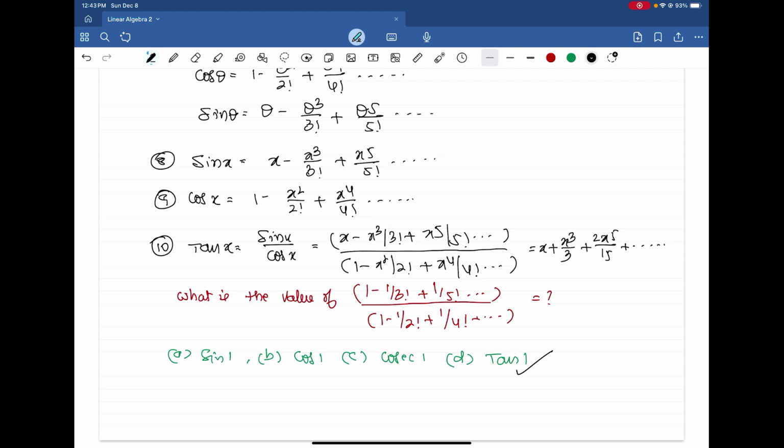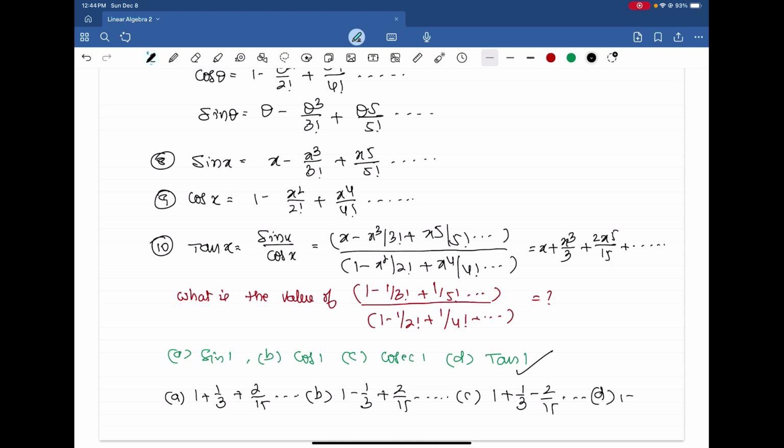Similarly, they can ask what is the value of this. Alternatives can be given this way also. A, 1 plus 1 by 3 plus 2 by 15 and so on. B, 1 minus 1 by 3 plus 2 by 15 minus. C, 1 plus 1 by 3 minus 2 by 15 and so on.